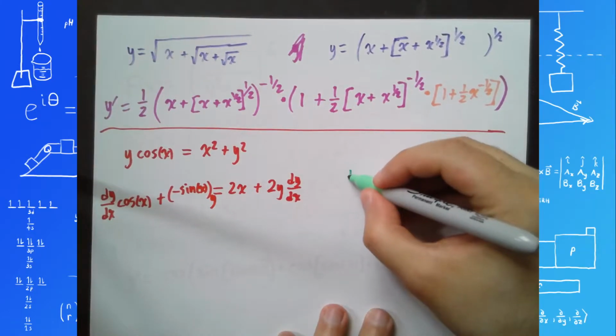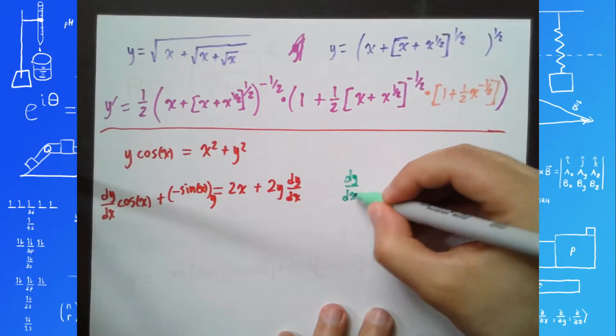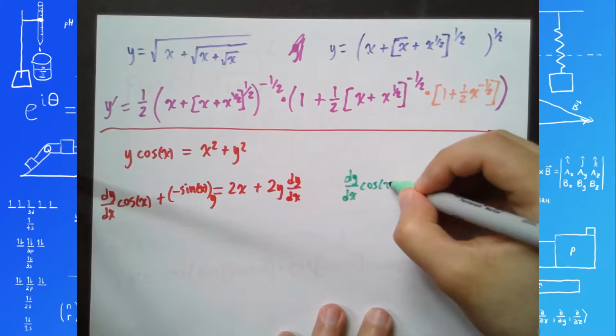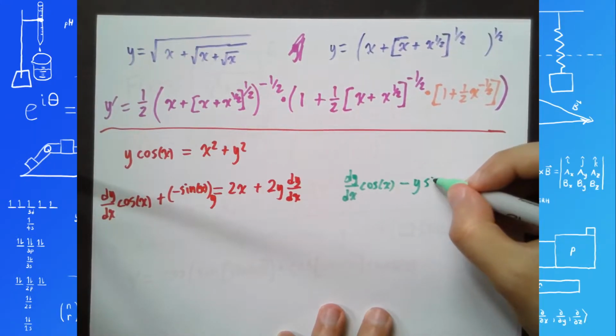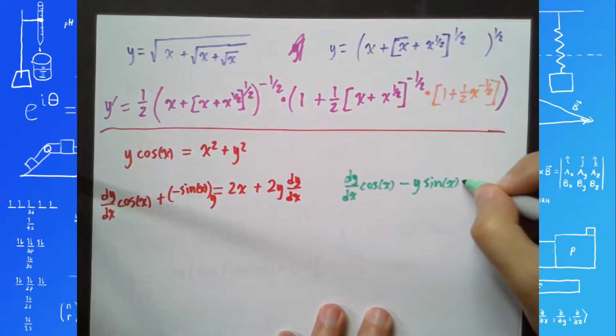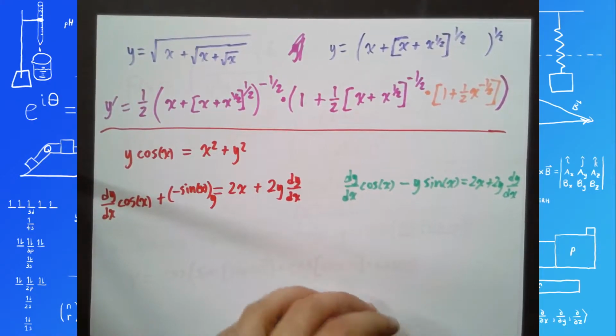So we've got dy dx times cosine of x. Effectively, that's going to be minus y sine of x equals 2x plus 2y dy dx. Okay, I was able to fit it.